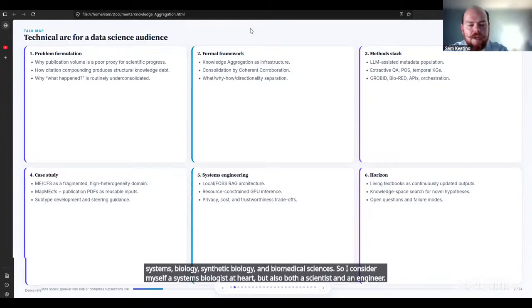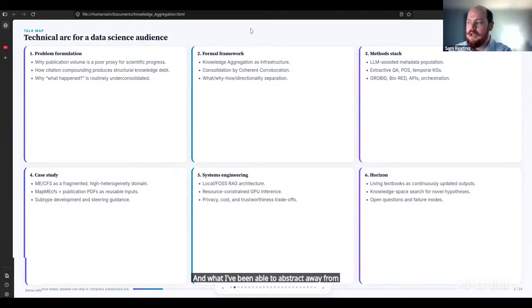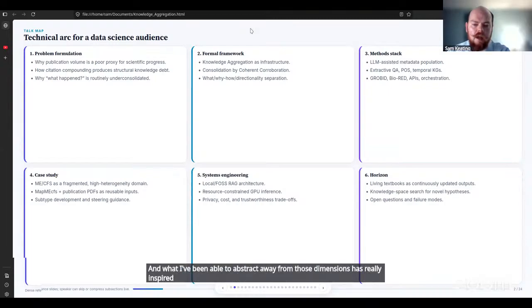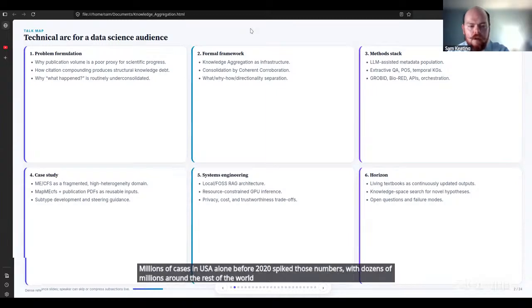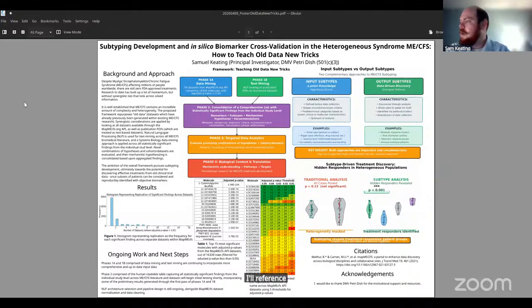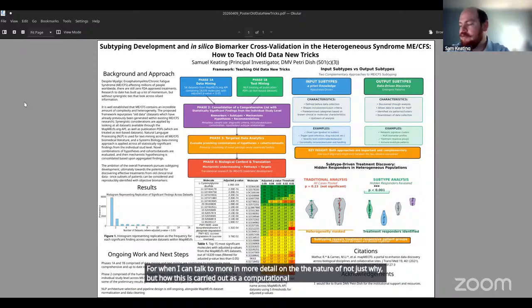And what I've been able to abstract away from those dimensions has inspired a lot of the work I've taken on around the unmet needs of ME/CFS, which is far from rare, with millions of cases in the USA alone before 2020 spiked those numbers, and dozens of millions around the rest of the world even before 2020. I'll reference back to this when I can talk in more detail on not just why, but how this is carried out as a computational framework for subtyping development.